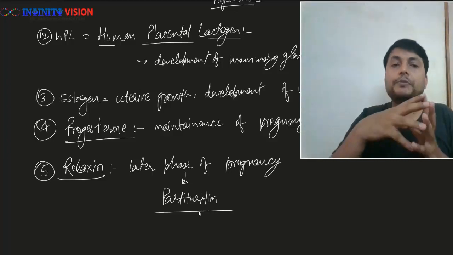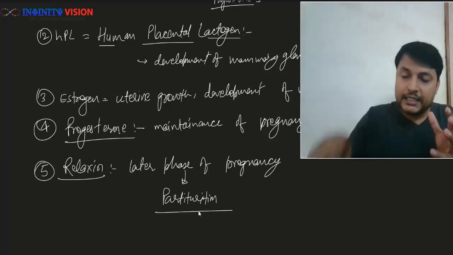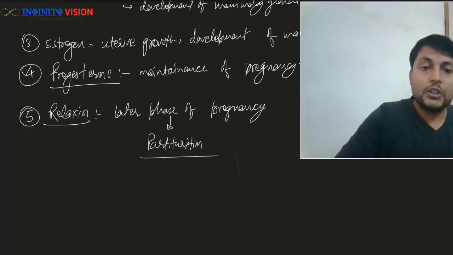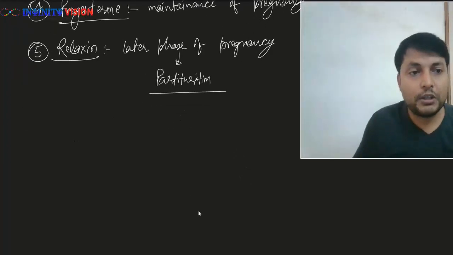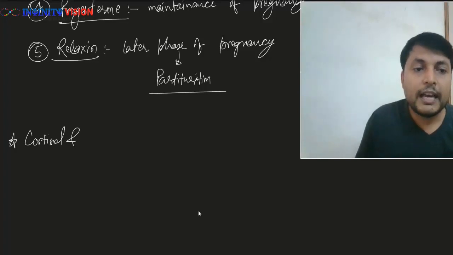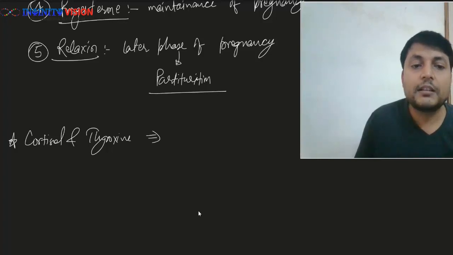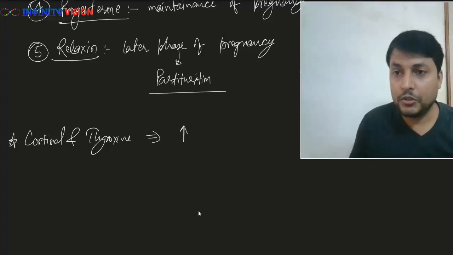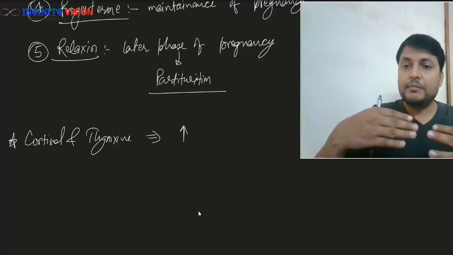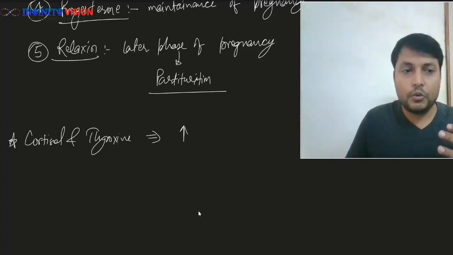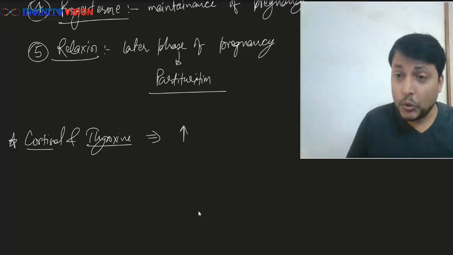Great. Apart from this, what we find is during pregnancy in a female, the other hormones such as cortisol and thyroxine levels become high. So they become higher multiple folds, the cortisol and thyroxine. Why is it so?